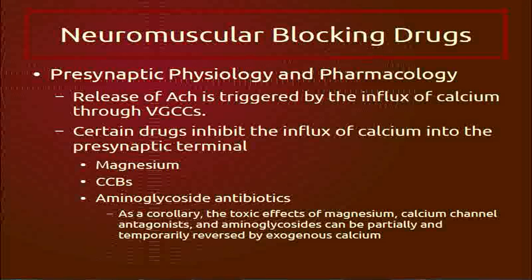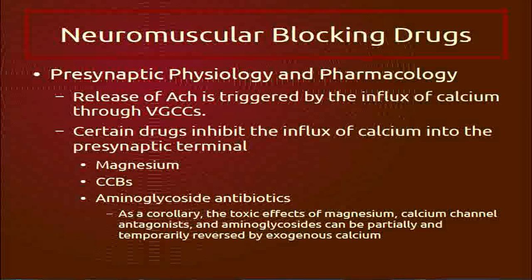Now let's break down the neuromuscular junction to the presynaptic component, the synapse, and then the postsynaptic component. Presynaptically, we just discussed the importance of voltage-gated calcium channels in this process. So if we can interfere with the influx of calcium, then we can interfere with neuromuscular transmission.